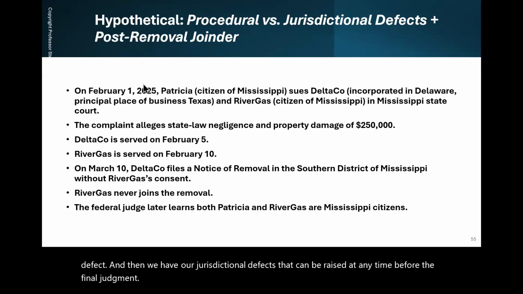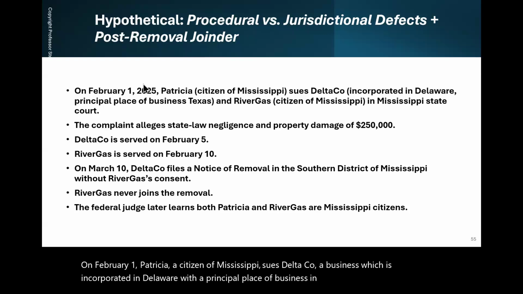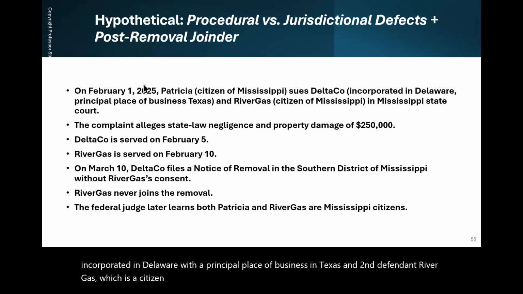Here's our hypothetical. On February 1, Patricia, a citizen of Mississippi, sues Deltaco, a business which is incorporated in Delaware with a principal place of business in Texas, and a second defendant, River Gas, which is a citizen of Mississippi.